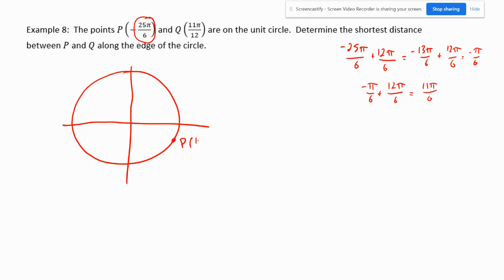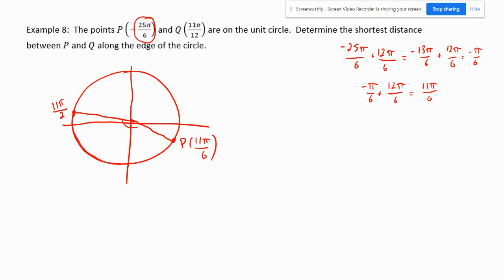This is point P, and this is 11 pi over 6. Okay, what's this guy over here? 11 pi over 12 is going to be this one right here. The idea is the shortest distance between this point and this point is going to be along this arc length, this sector angle.